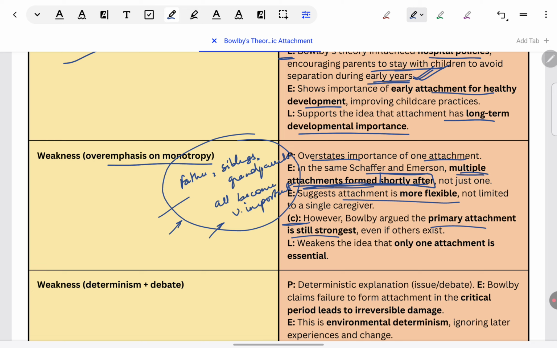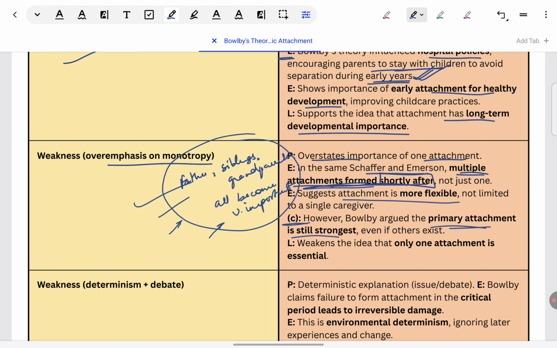Bowlby reviewed Schaffer and Emerson's research, like we saw, and then he came up with his theory. So he knew this aspect, that there is multiple attachment later. How he defended his theory is, he said he's not denying that multiple attachment exists. He's not denying that it is important. It's just not as important as the primary attachment. So say for example, the baby has good attachment with father, siblings, grandparents, but attachment with the mother was not good.